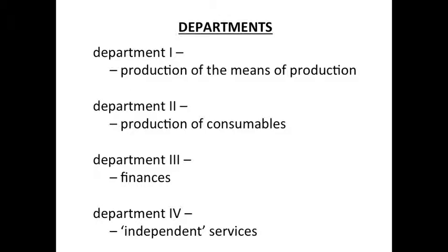And then we have kind of independent services that are not linked to this, but that are important for societal and social reproduction. Childcare, education in general, healthcare, all these areas. Accounting would be a service, but it is not independent. It is linked basically to one thing in Department 1 and 2 in particular.